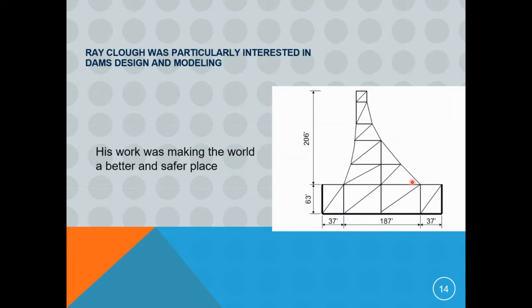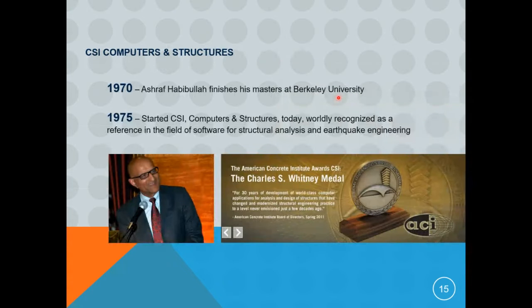This is a dam model and the foundation of the dam. There was some damage to dams due to earthquakes, and they wanted to make the world safer and better. So they introduced more structural knowledge and finite element knowledge in the software.